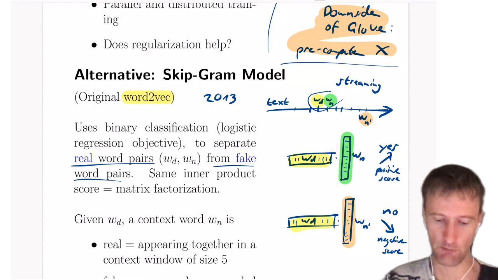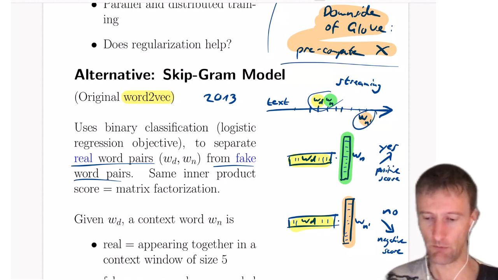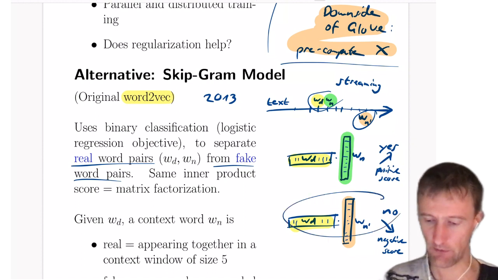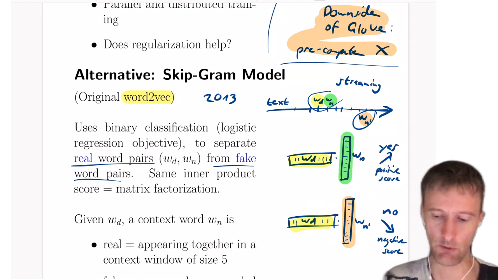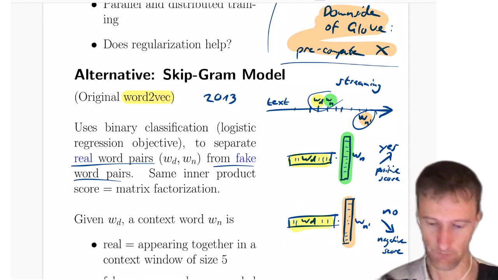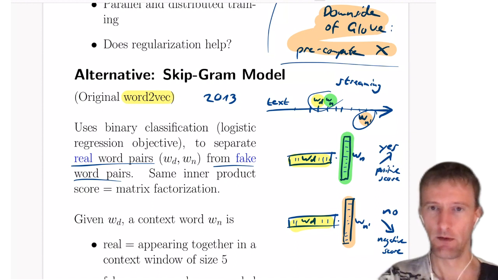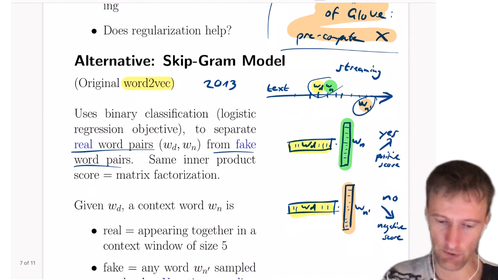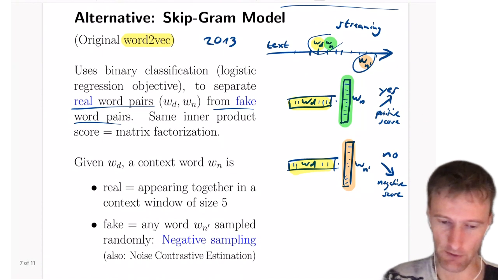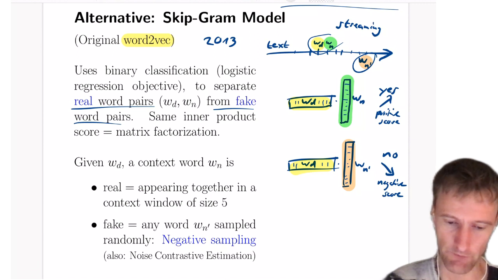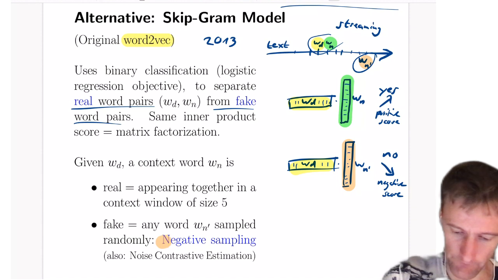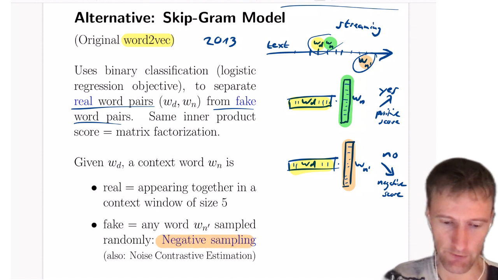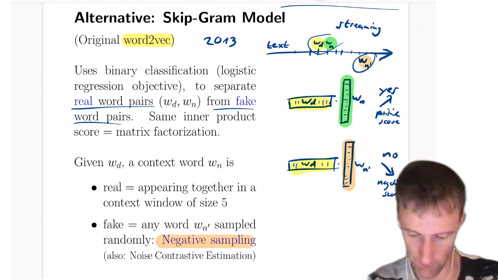These are called the negative examples. So you pick one of them or a few of them, and then you change that this value should be low. So you also do a gradient update for your vector such that this is low. And that's word2vec. And the usage of these red guys, the negative examples, is called negative sampling.